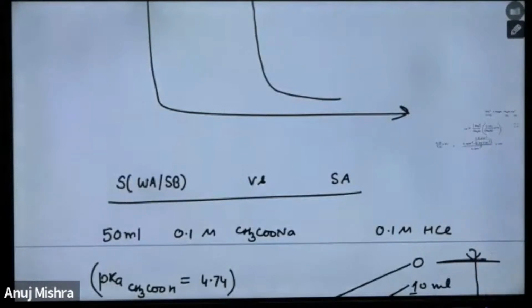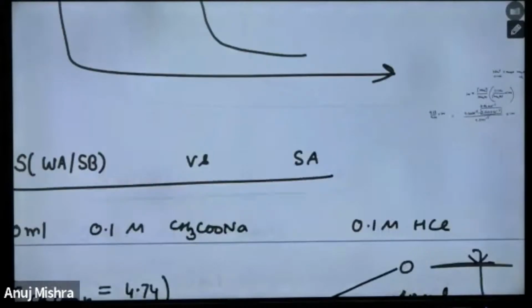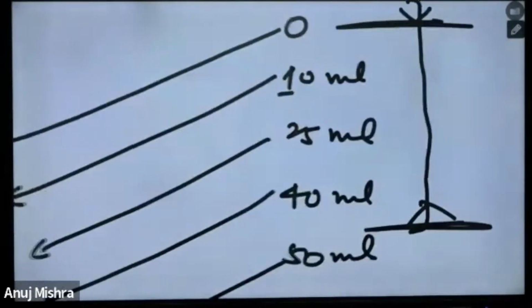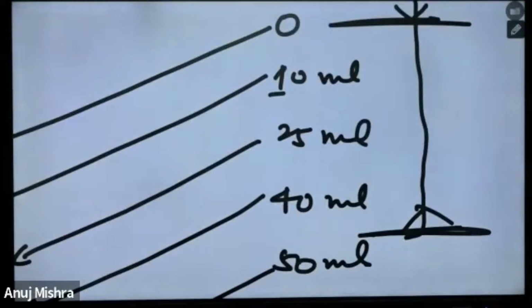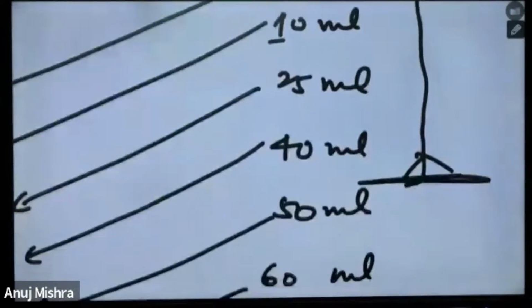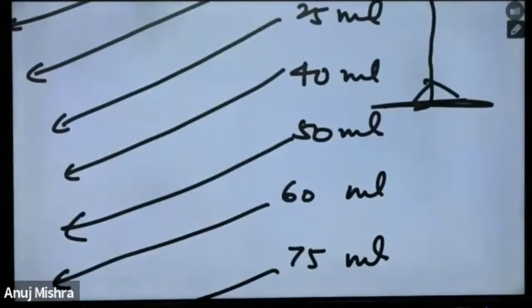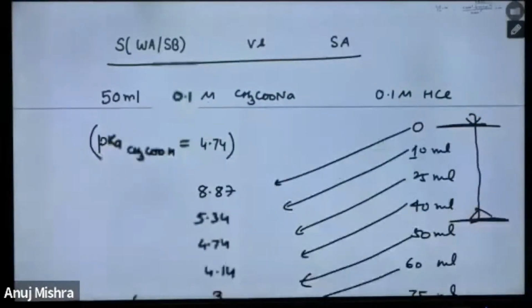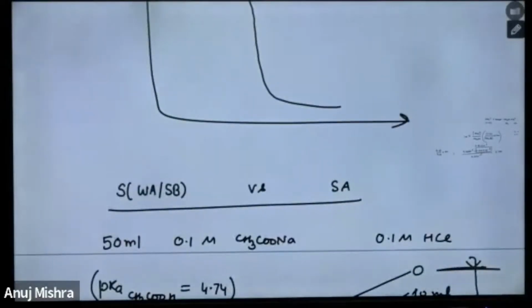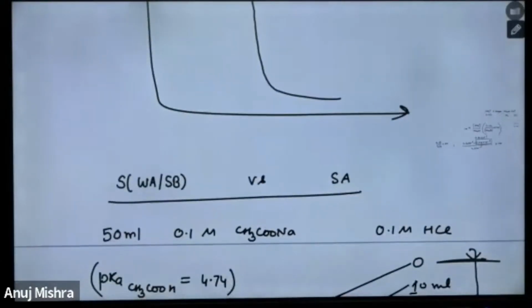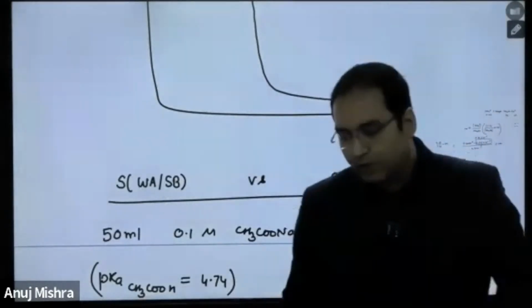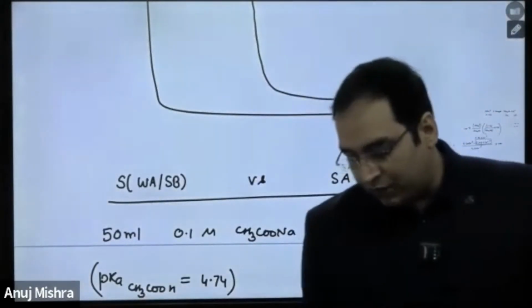You have to solve for 0 ml of HCl, 10 ml of HCl, 25 ml of HCl, 40 ml of HCl, 50, 60, 75 ml of HCl. Try. Get the pH value.